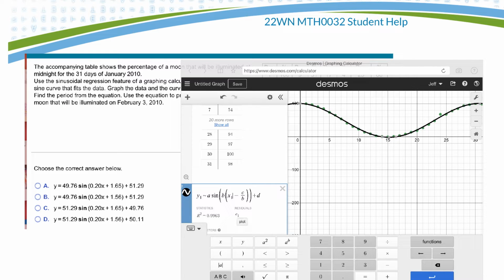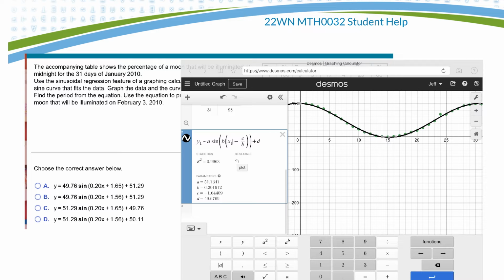There we go. So when you do that, I look and I see my black line is following those dots pretty close. And right down below there, it'll tell me what the values of A, B, C, and D are. Let me just write them down. Oh, and we can actually check to see what I got. I got 51.13.